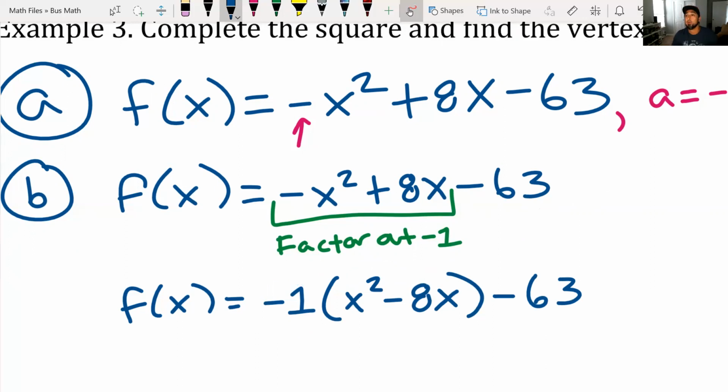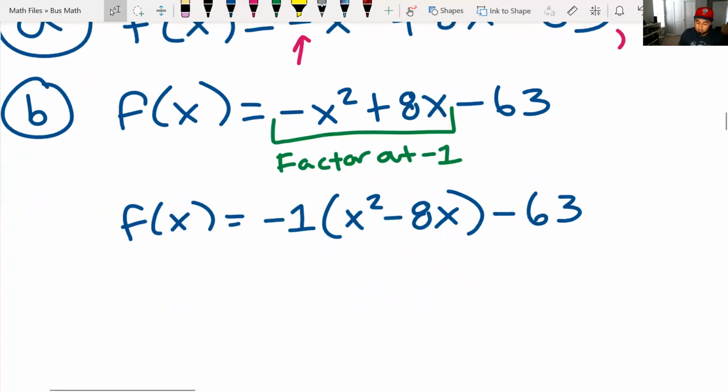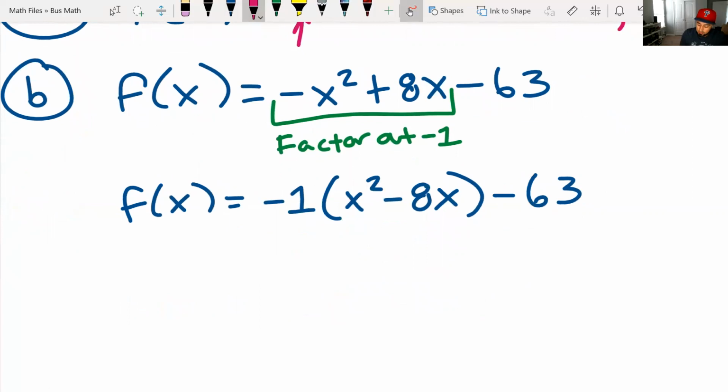Okay. So now, focus on the inside function. Is this in the perfect form to complete the square? And the answer is yes, because the leading coefficient is now 1.